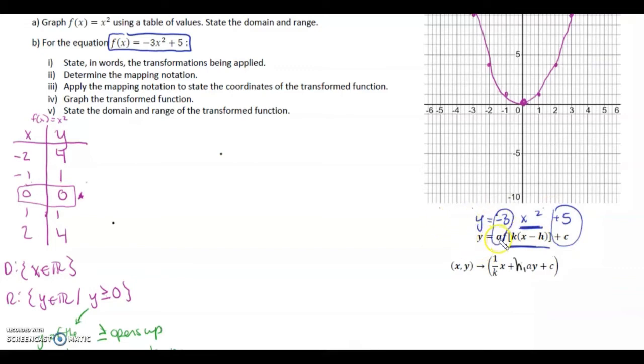So looking up in our chart, what's happening with the a? If it's negative, it's a reflection in the x-axis. And it's a 3, so it's a vertical stretch by a factor of 3.